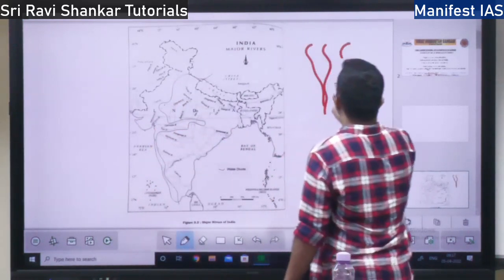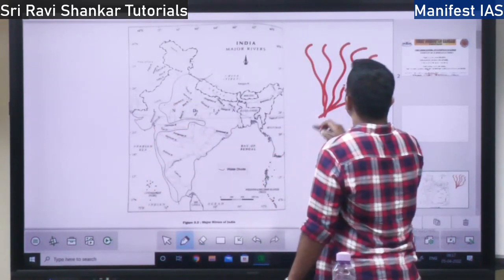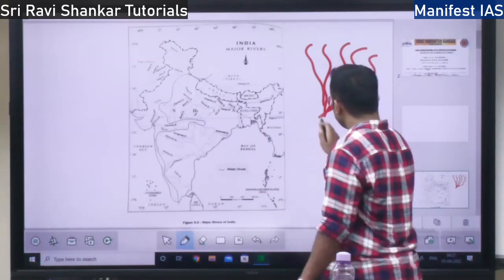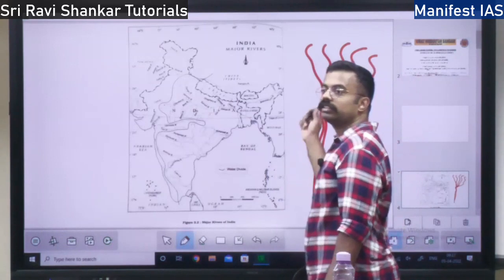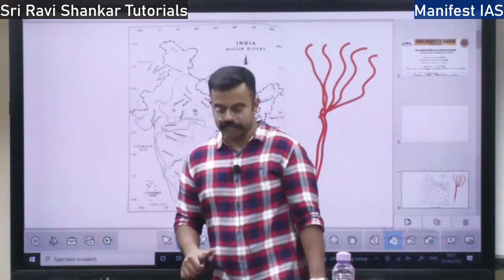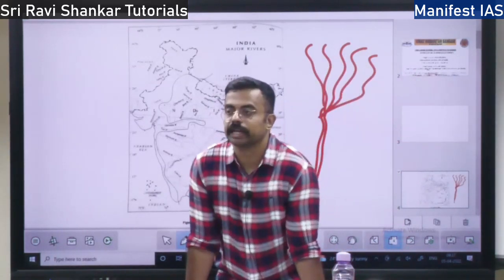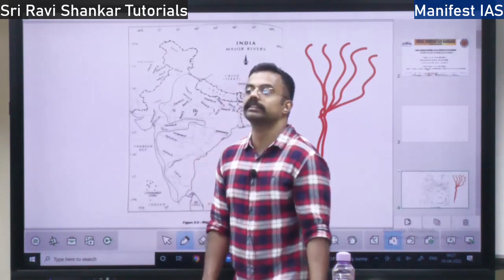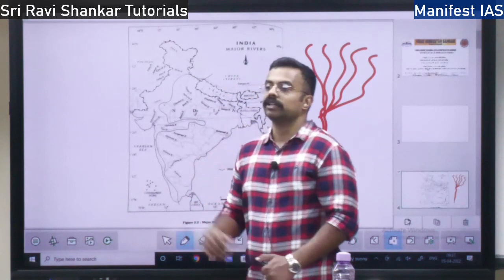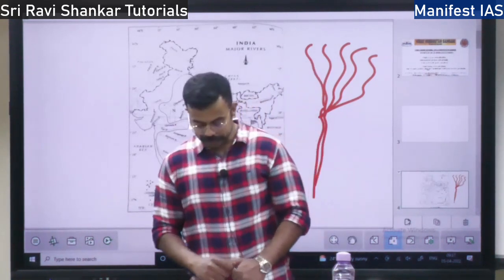If the drainage is like this, all these tributaries are coming and going into one river. So this is like a tree, right? This is a dendritic drainage pattern. You will find this type of drainage pattern in North India, because North Indian rivers have a lot of tributaries.